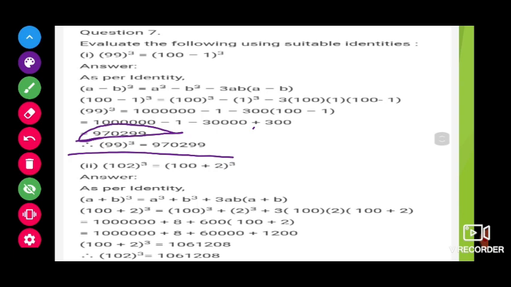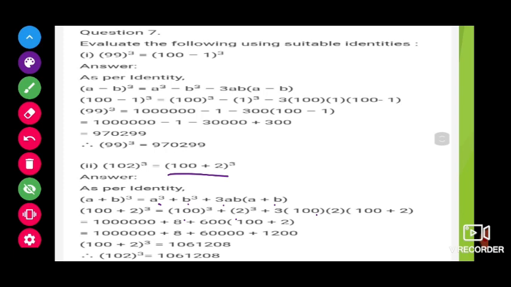Next, 102 cube. How can we write? 100 plus 2 whole cube. So in the same way, what formula can we apply? a plus b whole cube. a cube plus b cube plus 3ab into a plus b. So a cube 100 cube, plus b cube 2 cube, plus 3ab, 3 into 100 into 2, into 100 plus 2.